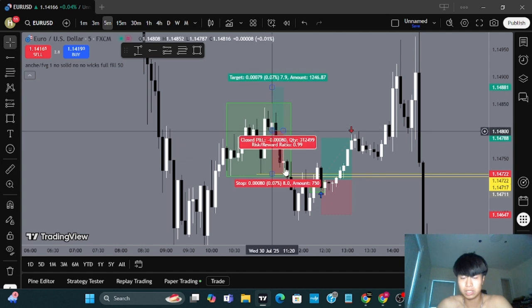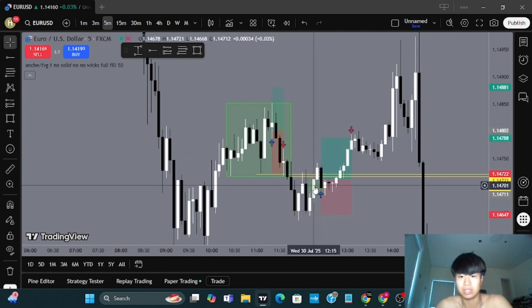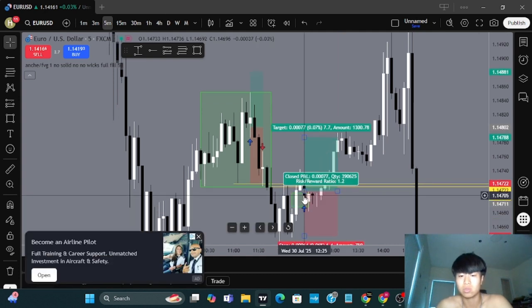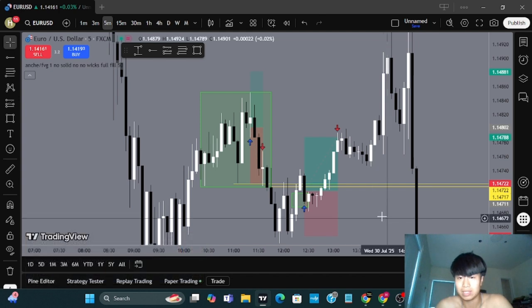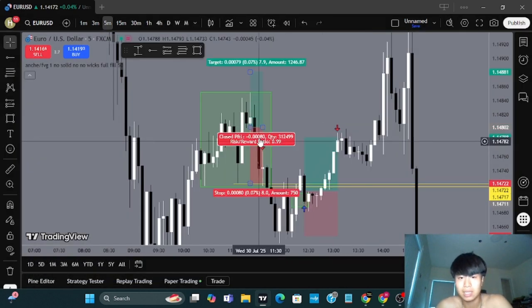So there's an accumulation, manipulation down, and then distribution. And I entered in on this fair value gap right on this candle at 12:25 p.m. EST. Take profit was set at the high of this candle created at 11:30 a.m. EST.